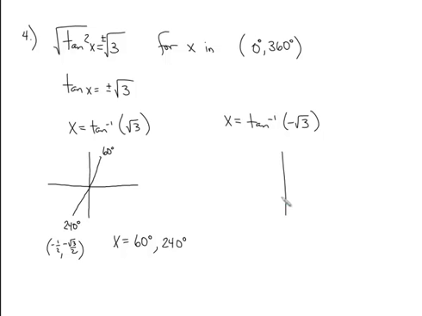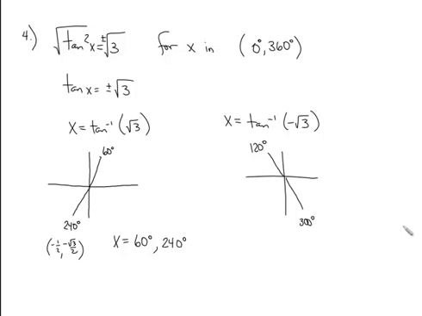Now, when we look at negative rad 3, tangent is negative up here and down here at 120 degrees and at 300 degrees. Those are the two places where tangent is going to be negative square root of 3. Tangent is negative in quadrants 2 and 4 because that's where x and y have opposite signs.